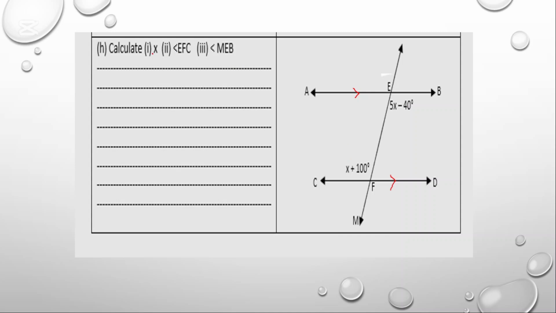Now they want x first, and then they want EFC and MEB. So you'll have to find x and add it to 100. Once you have x, you know it's 5 times that value minus 40.